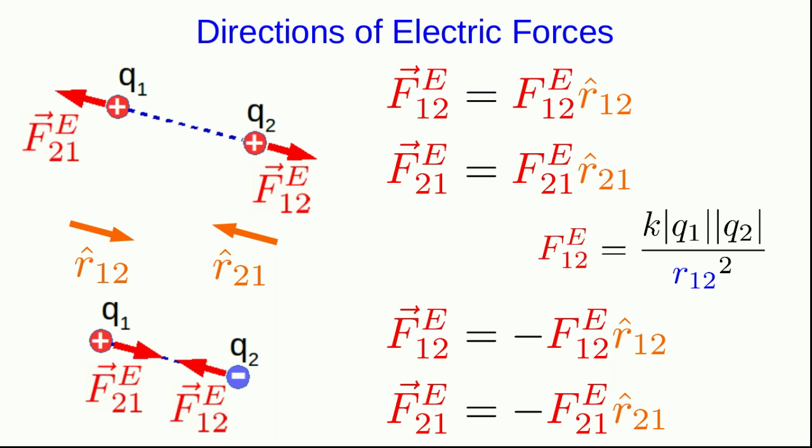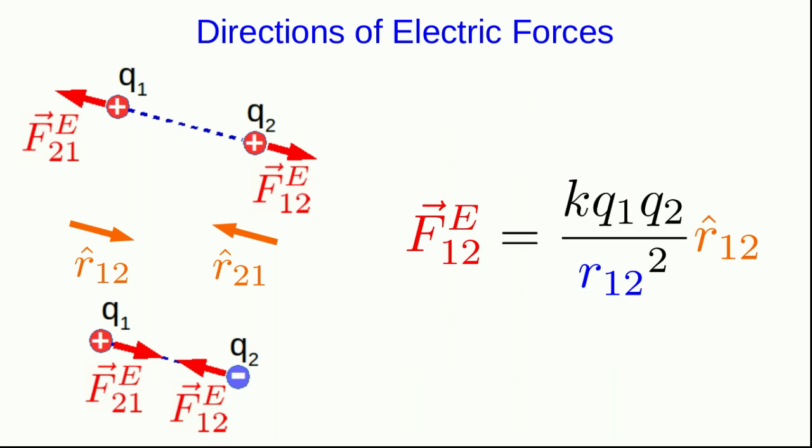Notice that Q1 Q2 without absolute values would be positive if Q1 and Q2 are both positive, and it would also be positive if they're both negative. But it would be negative if they have opposite signs. And so we can just write the fully vectorial F12 as k Q1 Q2 with no absolute values over r12 squared times r hat 1,2.